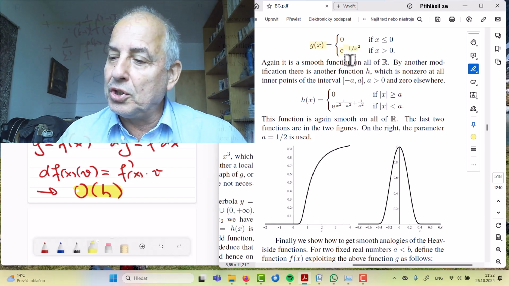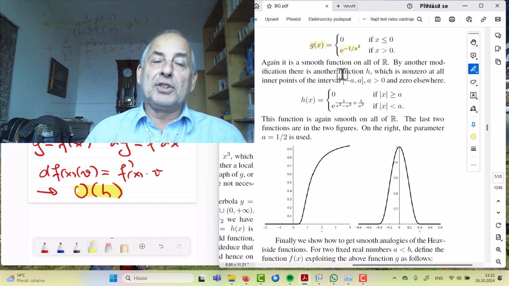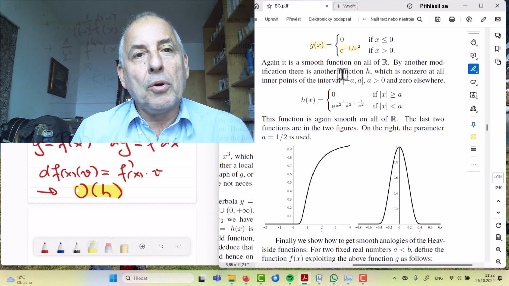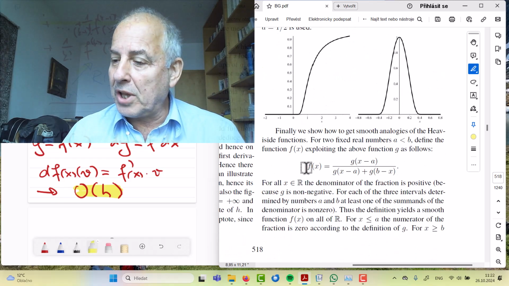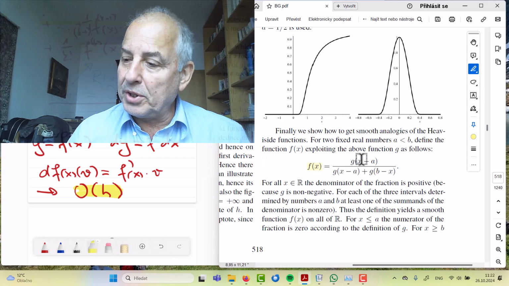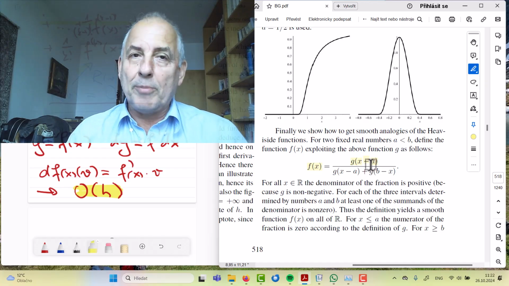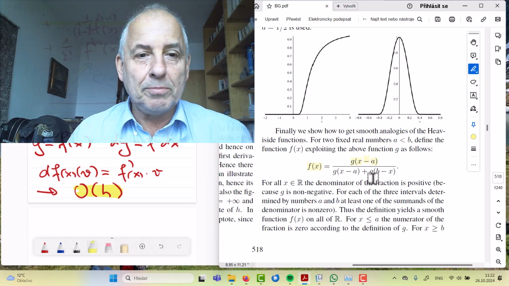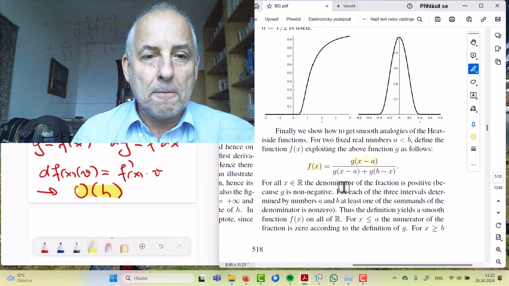Well, actually this G is what I previously called F. And now with the G you can just do functions like this one. So you simply take G, where a and b are any interval, and this function will be 0 up to a and 1 starting from b, which is easy to see, right?